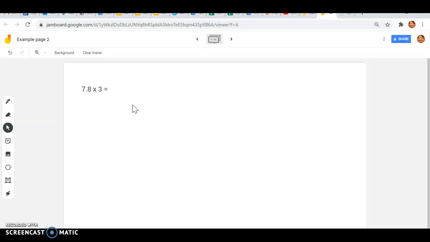Alright, so the first step was to convert my first number to tenths, hundredths, and or thousandths. What that means is that I wanted to write this number in unit form. So I need to decompose this number and write 7 and 8 tenths in unit form. To write 7 and 8 tenths in unit form, we're going to write it as 78 tenths.